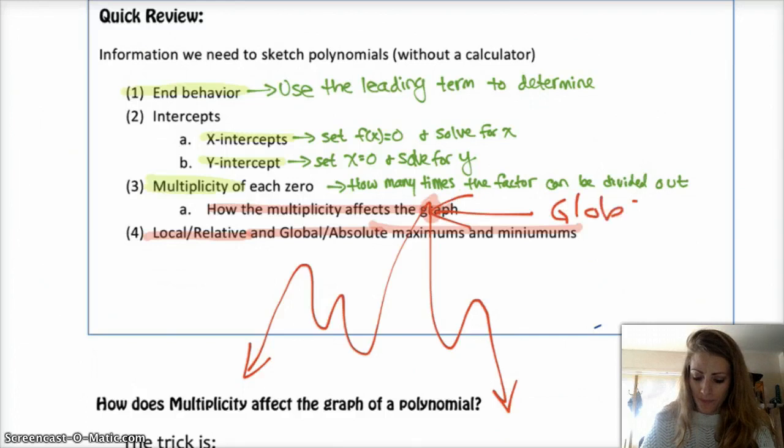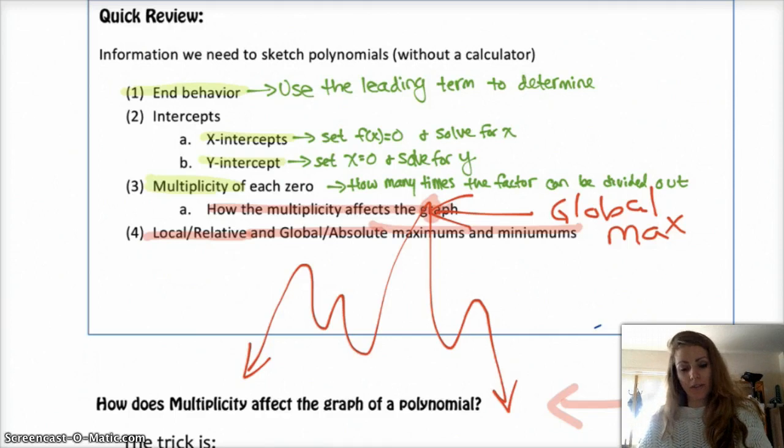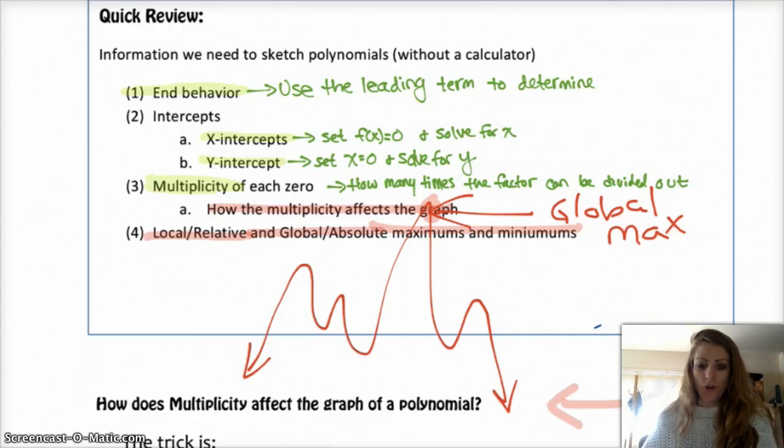It doesn't have a global or absolute minimum because it goes down to negative infinity, so it doesn't exist, or it's negative infinity. So no global min; the global max is the highest point in this particular case.